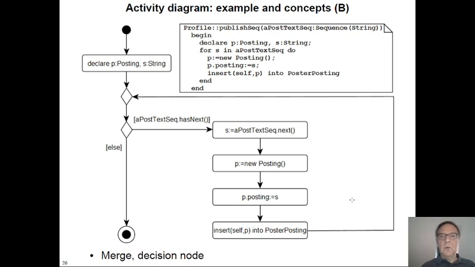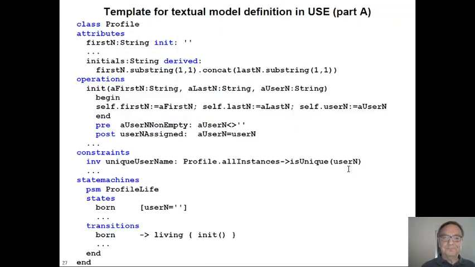Okay, these were some more details about the class diagrams with respect to part-whole relationships, with respect to the state charts, with respect to guards, and with respect to activity diagrams, with respect to merge and decision nodes. So these were elements that we have not seen before.